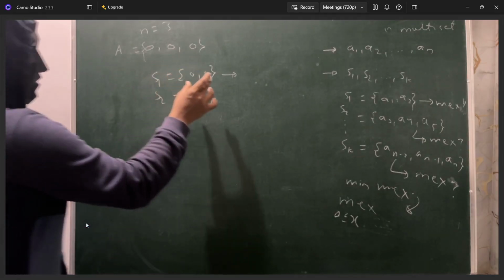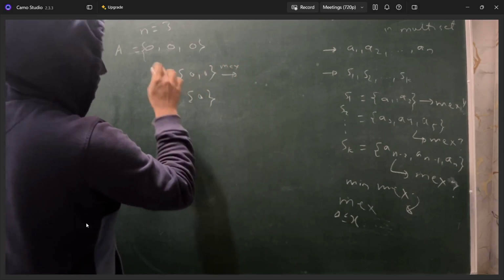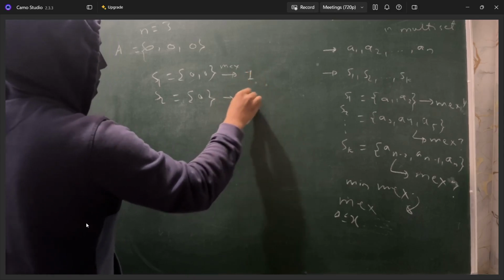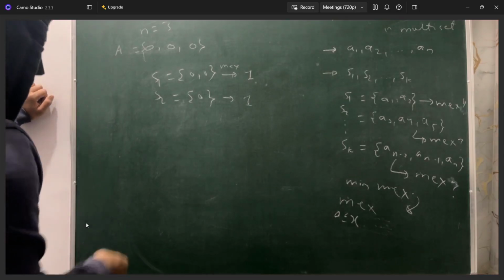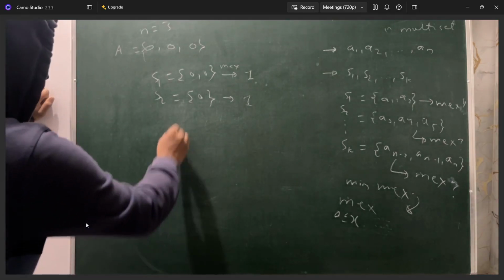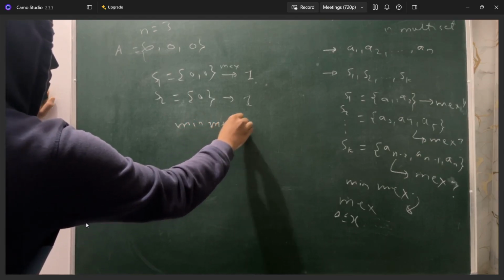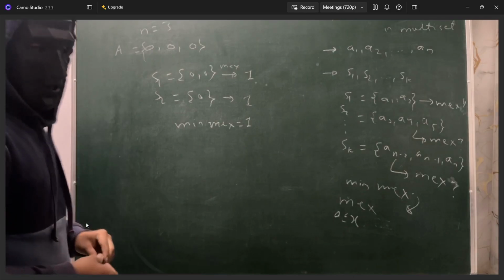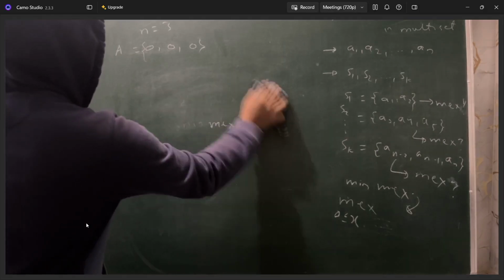So MEX, if you want to find, will start from 0. 0 is already there, 1 is not there, so you can put 1. In the same way, this also has 1. So no matter what you do, in this case your minimum MEX is 1 only. So yeah, this is one of the valid possible arrangements.